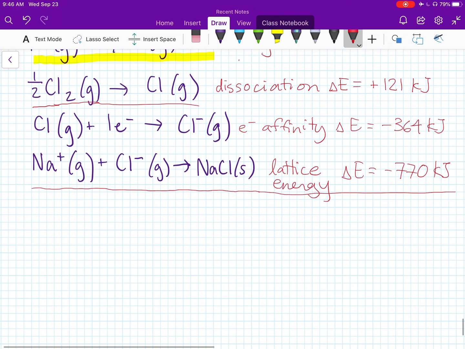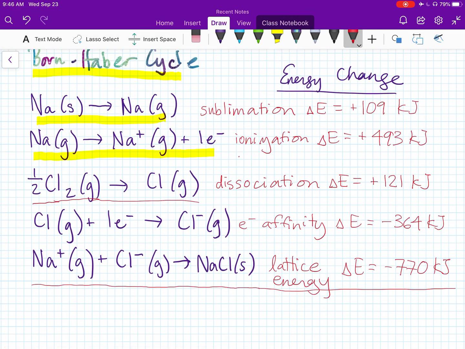Now, what I would like to do is look at all of these reactions and add them together and see what we get. I also want to add the energy changes together. Just like in mathematical equations, if I'm adding things together and I have species that are the same on both sides, I can cancel them out. So I can cancel out the gaseous sodium ions and sodium atoms as well. These species can be canceled out because they're the same on both sides. The gaseous chlorine atom can be canceled out.